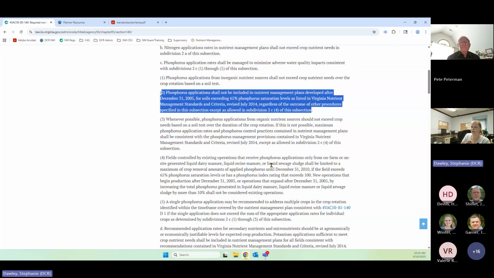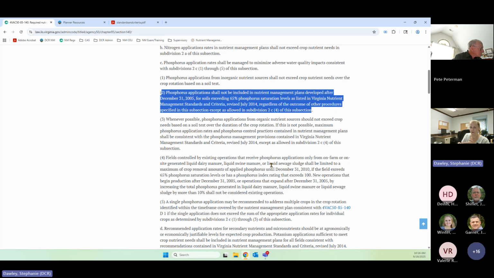The P index is a risk analysis for how much phosphorus could potentially get from your field into the water. The higher the levels of phosphorus in your soil, the closer you are to water, and the fewer buffers there are, the more that risk grows. It's basically a scale from 0 to 100, and you do various inputs based on your crop rotation, your soils, and distance to stream.